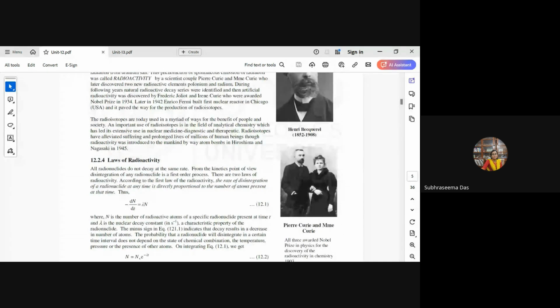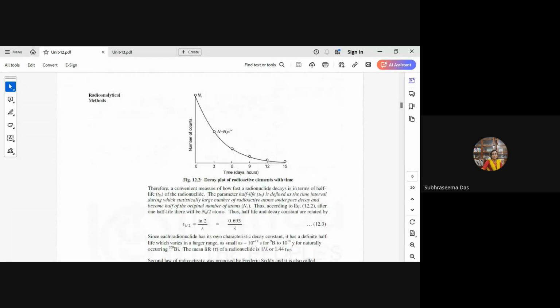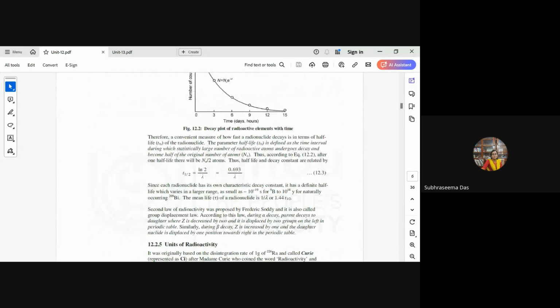The first law of radioactivity says that it follows first order kinetics, and that the rate of disintegration of any radionuclide is directly proportional to the number of atoms present at that time. And from the radioactive decay law, we have the equation for T half, which can be calculated as ln 2 by lambda, or 0.693 by lambda, where T half indicates the half life of the radioactive nuclei.